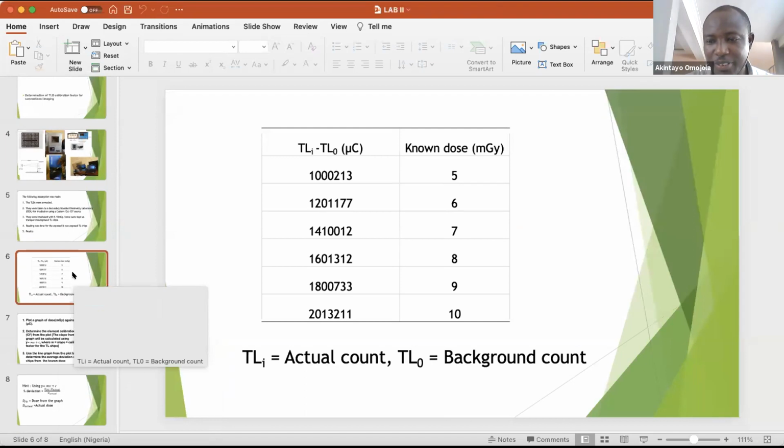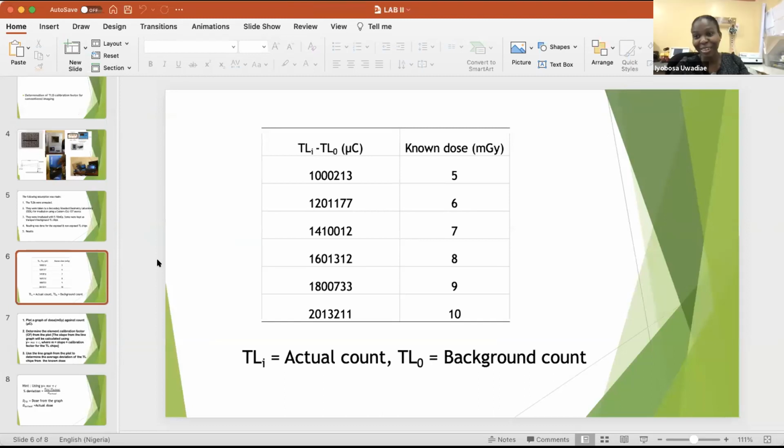Dr. Yobosa, are you also plotting? You should be plotting. Everybody should be plotting. If your internet facility is not too good, you are going to find it a bit difficult.